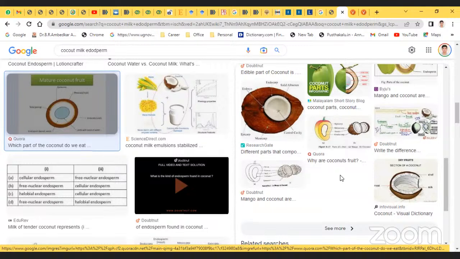Paleontology, the study of fossils. Paleobotany. Any idea how many types of paleontology there are? Aeropaleontology. Any idea?